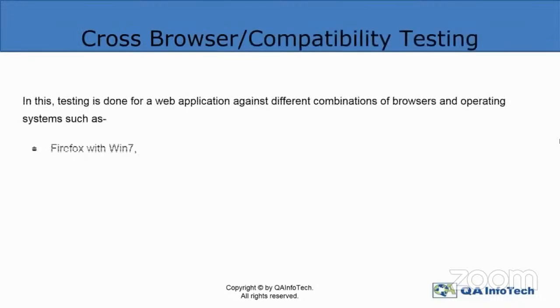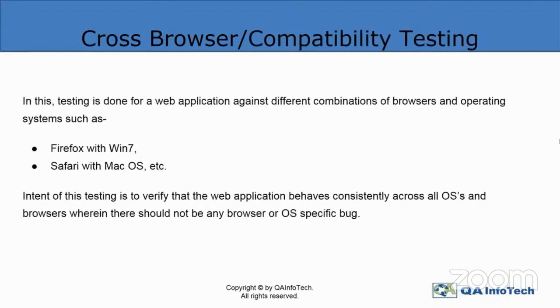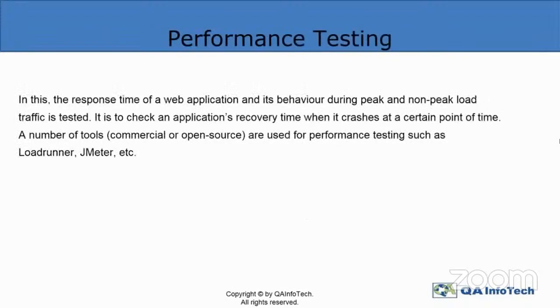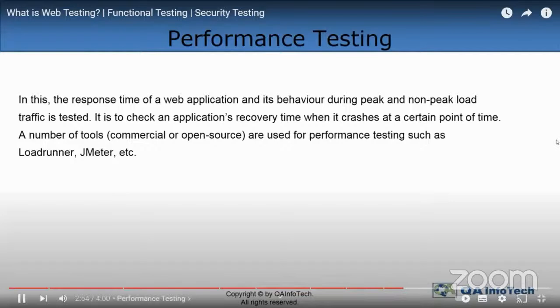With cross-browser or compatibility testing, a web application is tested across different combinations of browsers and operating systems to verify its consistency across all, as well as eliminate any possible browser or OS related bugs. Performance testing essentially entails testing the response time of the web application, its behavior during peak and non-peak load traffic, and the recovery time after any crash.